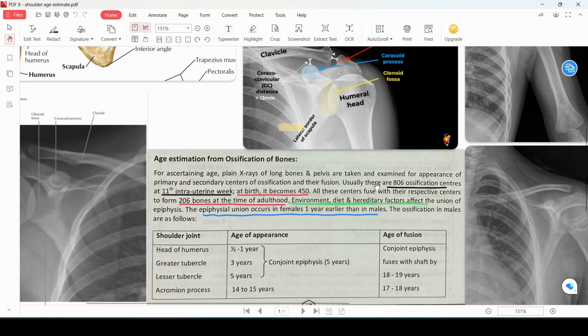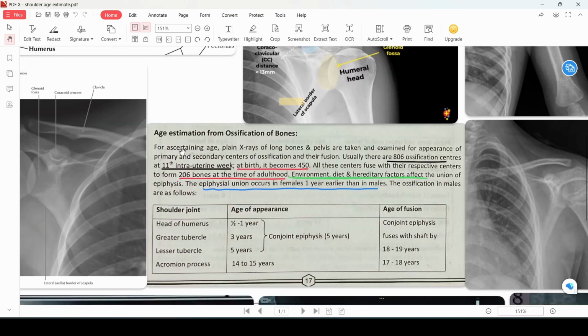Now this is just a fact: there are usually some 806 ossification centers in the 11th intrauterine week. Then at birth it becomes 450, almost half. All these centers fuse with their respective centers to form 206 bones at the time of adulthood.